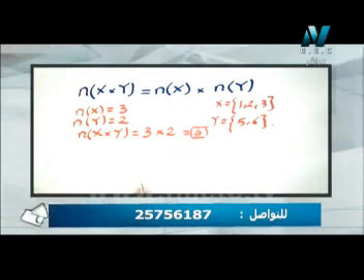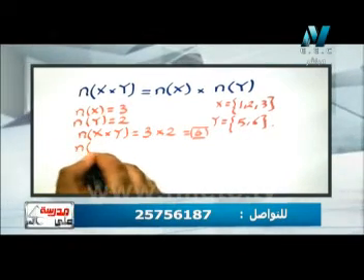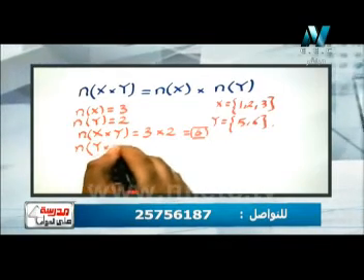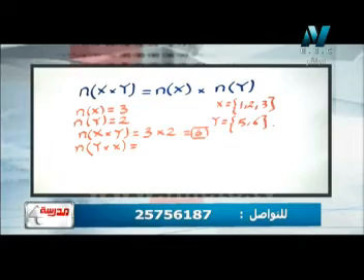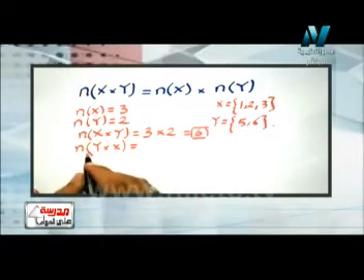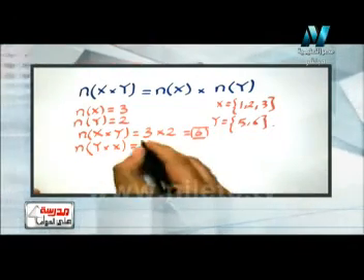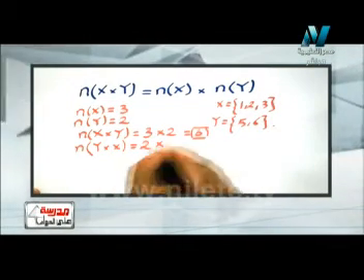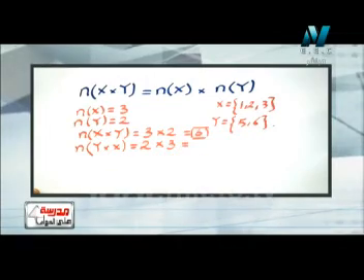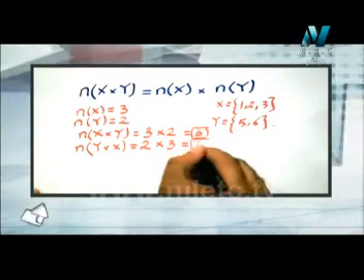So if you do the opposite, it means n of y product x. I think the answer doesn't change, because we can say number of elements of y, which is 2, times number of elements of x, which is 3, then 2 times 3 equals 6.